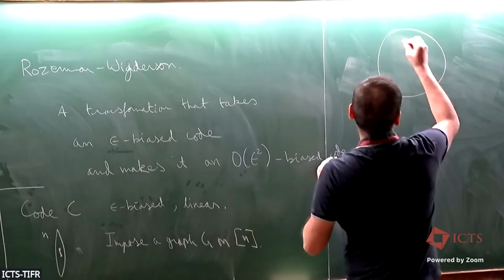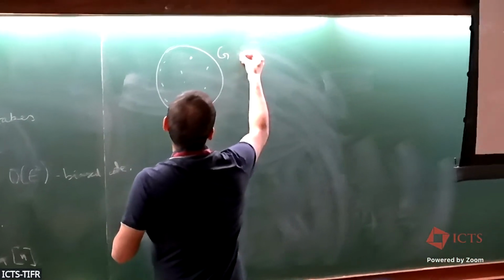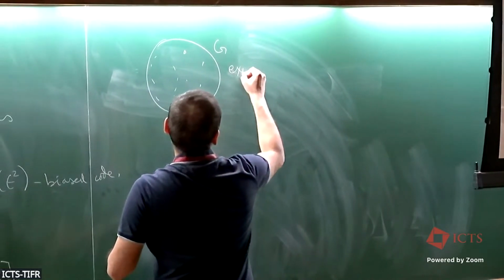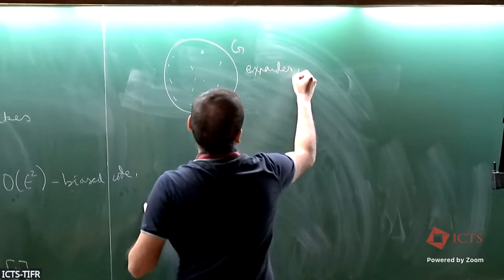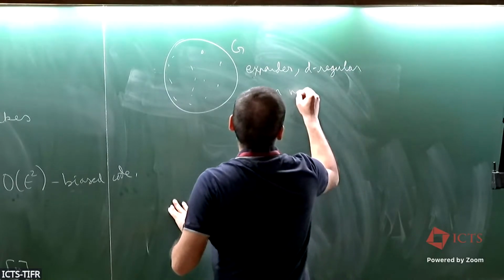Maybe I should have drawn it like this. So this is G, an expander, D regular with n vertices.